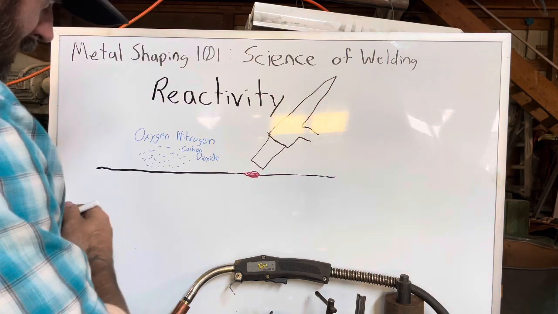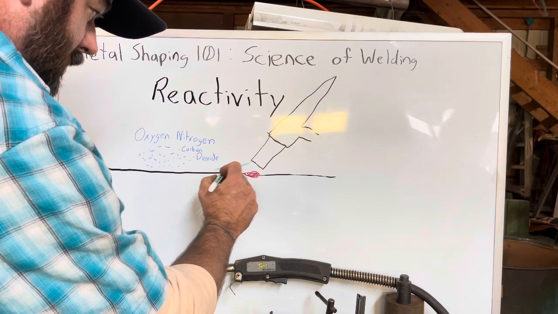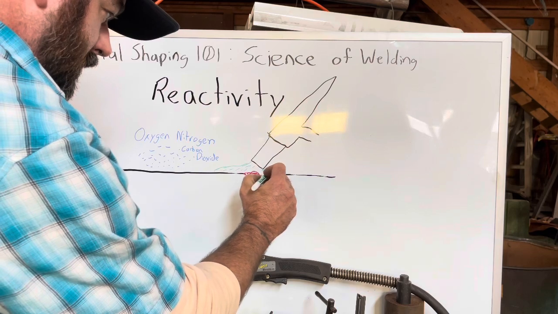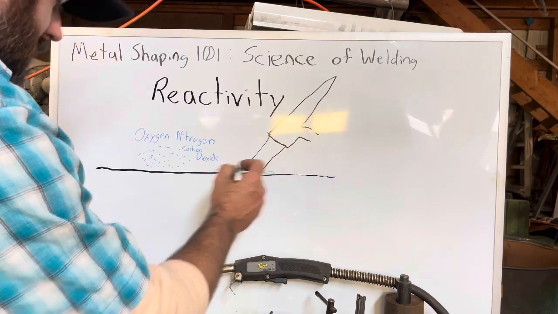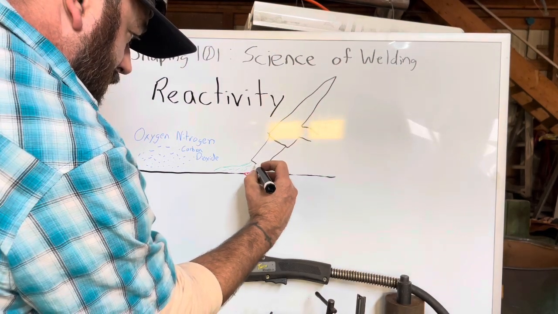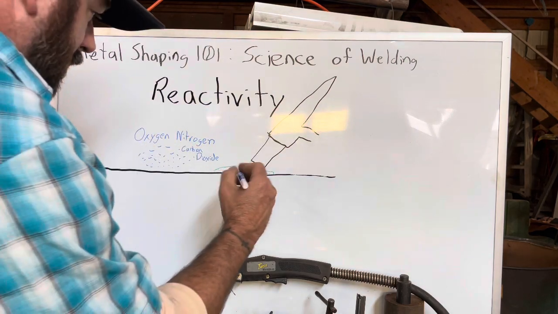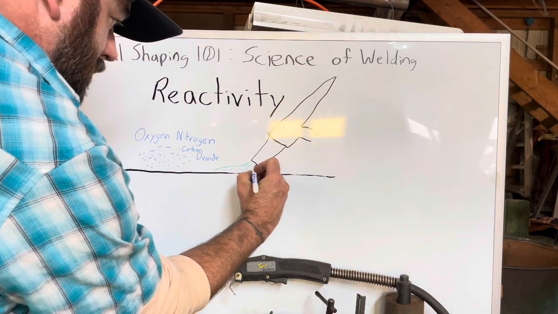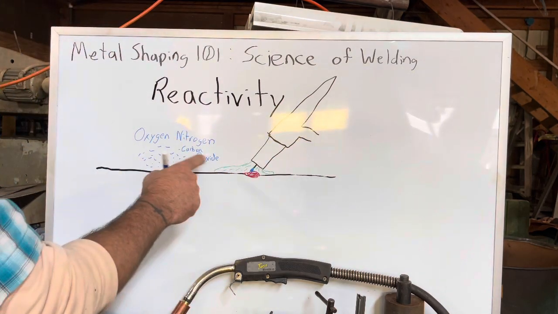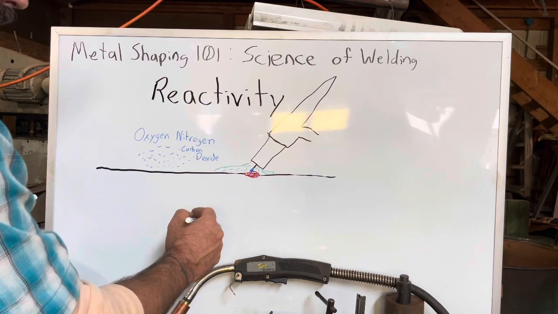And what we're going to have is these inert gases are going to come and spill out all around. All that it's doing, spilling out all around, is protecting our puddle, and it's protecting our arc from these environmental, these atmospheric compounds, the oxides, the nitrogen, the carbon dioxide. It's protecting our puddle from that.